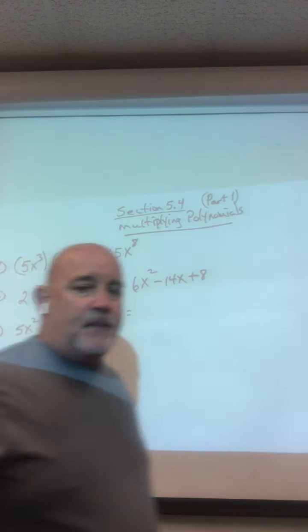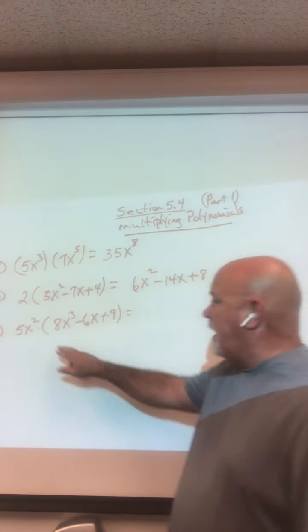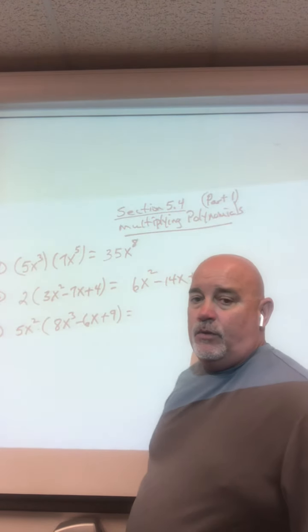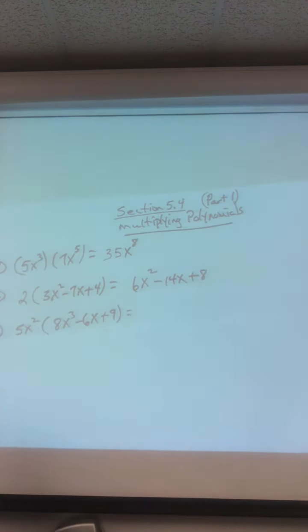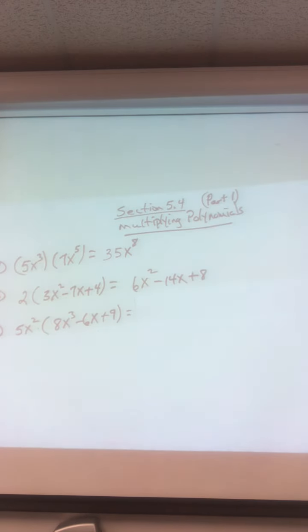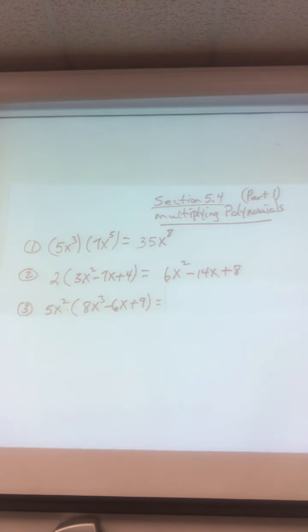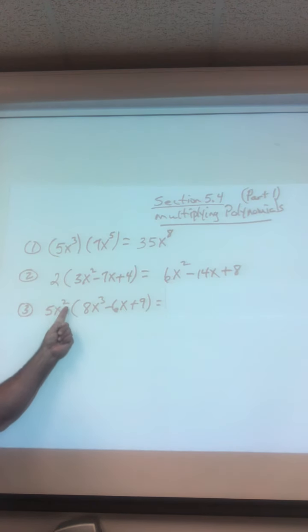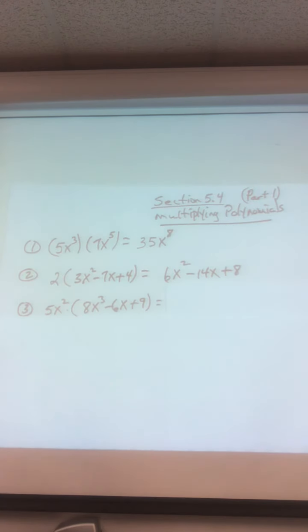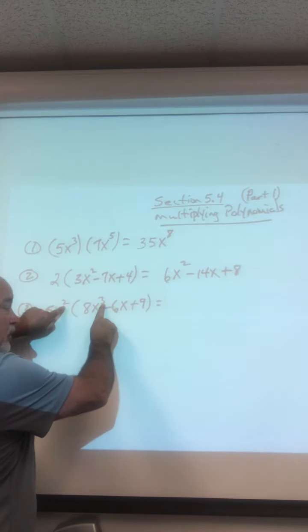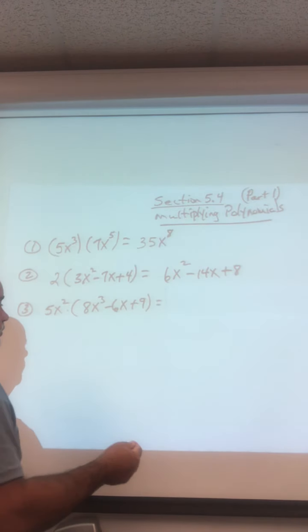Okay, in this next example, you will see that we're still multiplying a monomial times a trinomial. So this is still the distributive property. But remember, when you multiply, you have to use your multiplying rules. So when you say 5x squared times, and that dot doesn't have to be there, 5x squared times 8x cubed, that's 40x to the fifth, because you have to add your exponents because of the product rule.